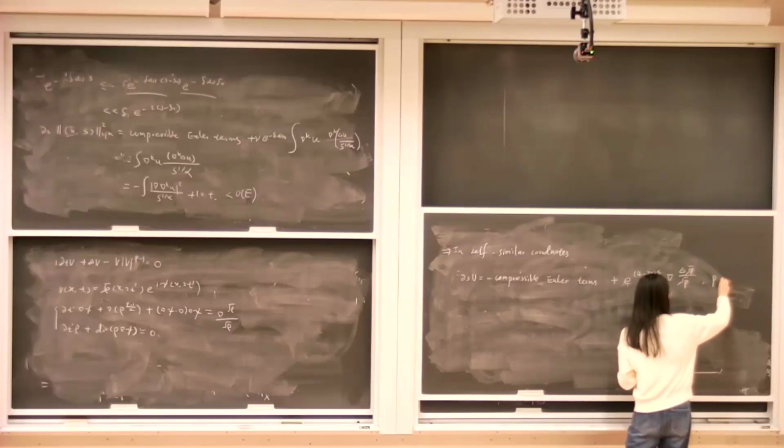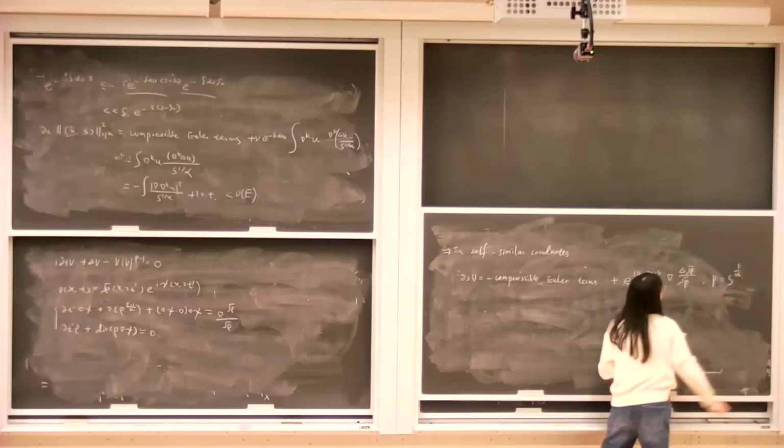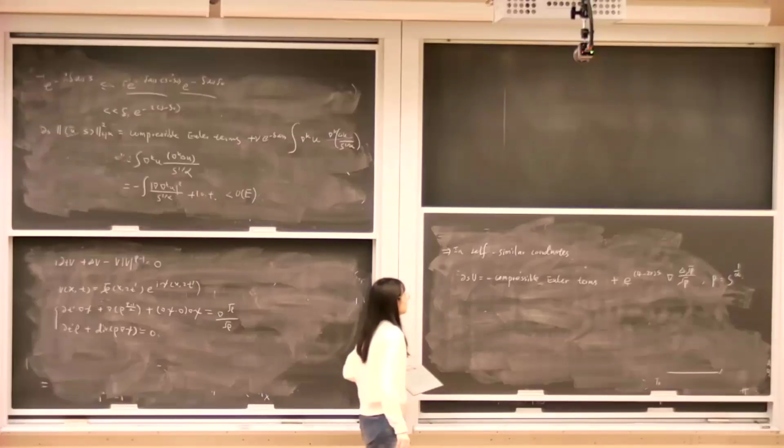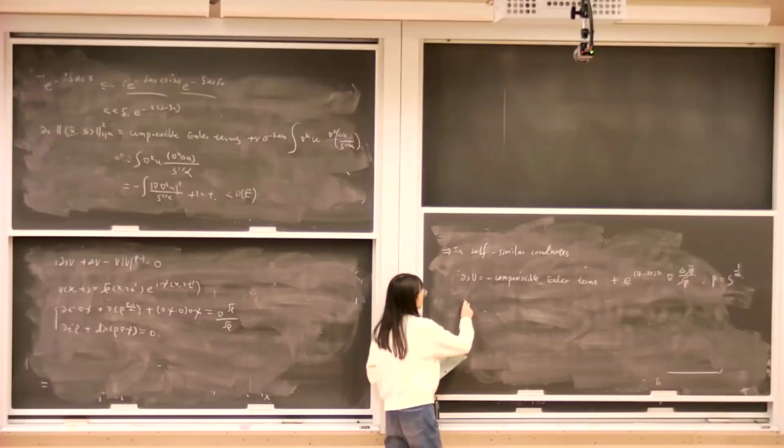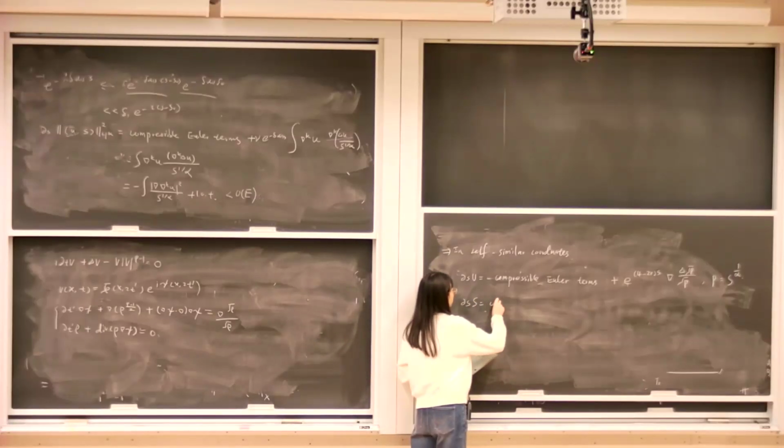So P is our S21 over R. And the partial S is compressible.